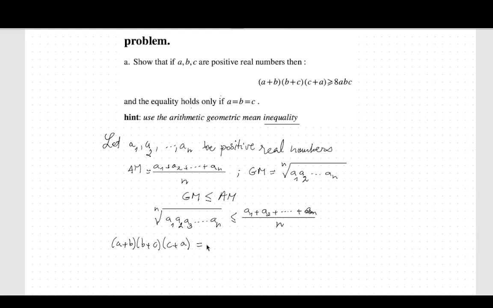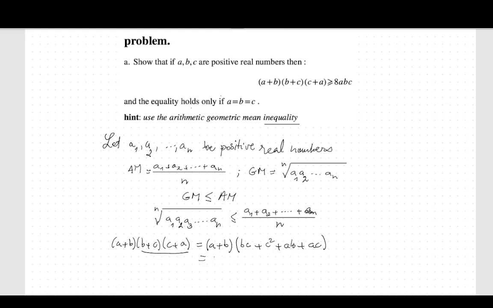Let's distribute this product. First we distribute the second product: (b + c)(c + a) is bc plus ba plus c squared plus ca. Now we distribute the whole product.